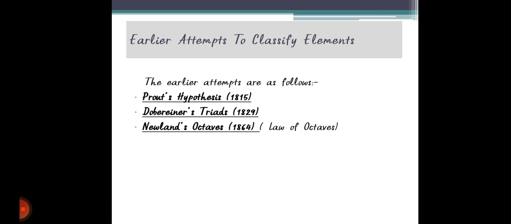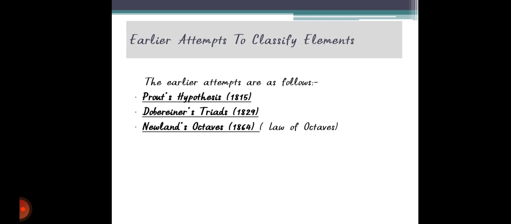The next attempt to classify elements was done by the British chemist Newlands, called Newlands' octaves. By this time, 56 elements were discovered. He arranged all these elements in increasing order of their atomic masses and found that every 8th element had properties similar to the first.